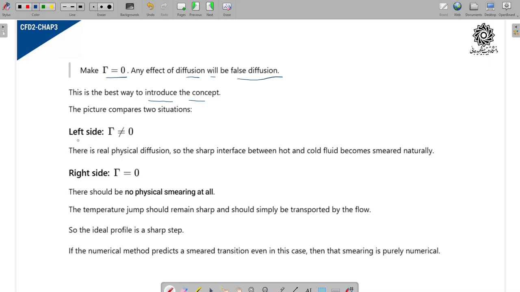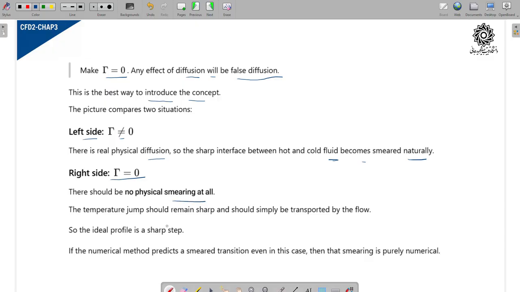On the left side, for gamma not equal to 0, there is real physical diffusion, so the sharp interface between hot and cold fluid becomes smeared naturally. In the right side picture in the previous slide, gamma equals 0, so there should be no physical smearing at all.